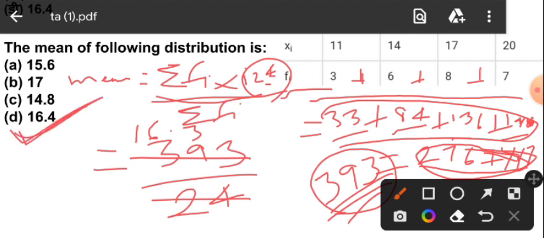So when we divide, this option will come. Okay, let's move on to the next question.